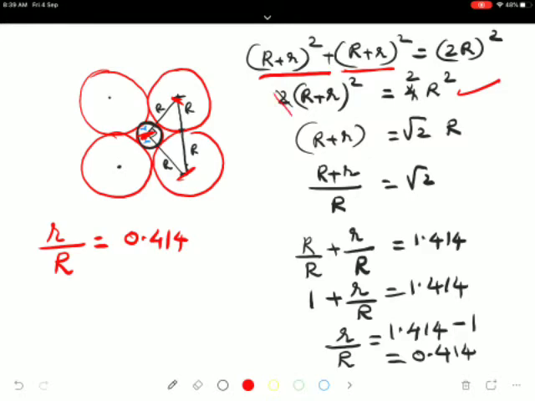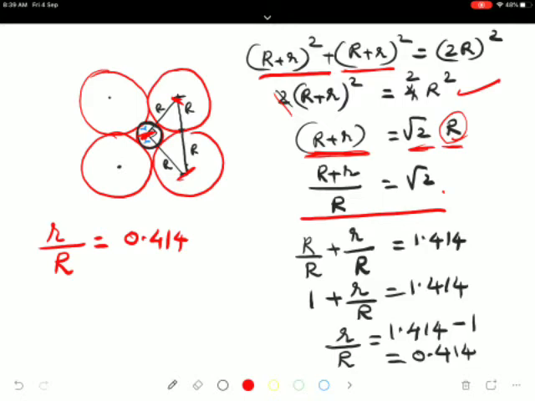Now we are taking the square root. Here it is R plus r, so under root 2, then here R. I am taking this R to the left hand side, so it will come in the denominator. (R plus r) upon capital R is equal to root 2. R plus r divided by R means you are dividing each one by R, so I am expanding this.